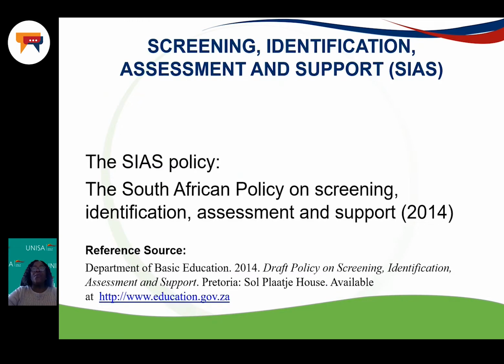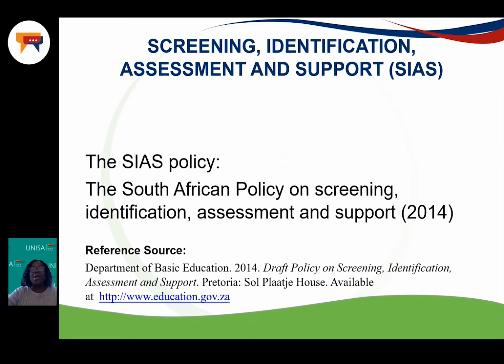Now focusing on the policy on screening, identification and assessment. This is also found in Unit 3 of your study guide, and it will be very helpful for you to be able to respond to some of the assignment questions.